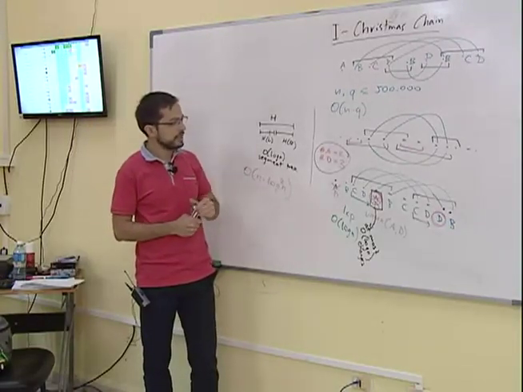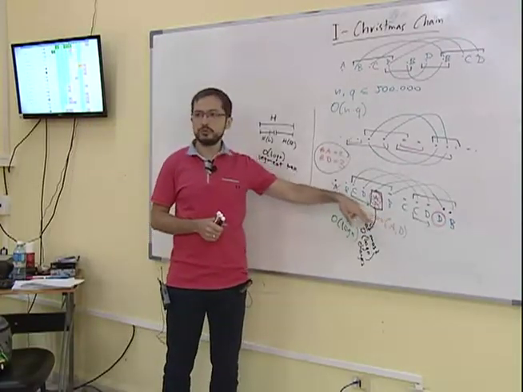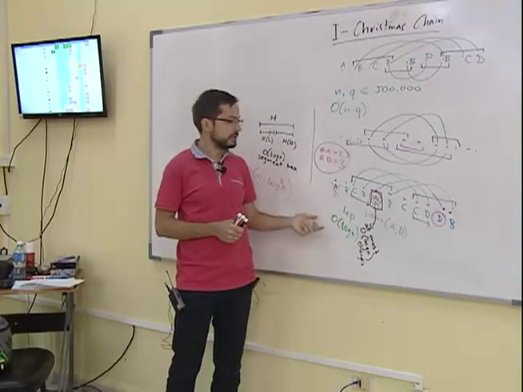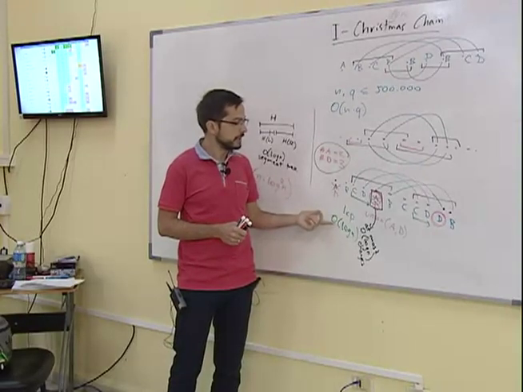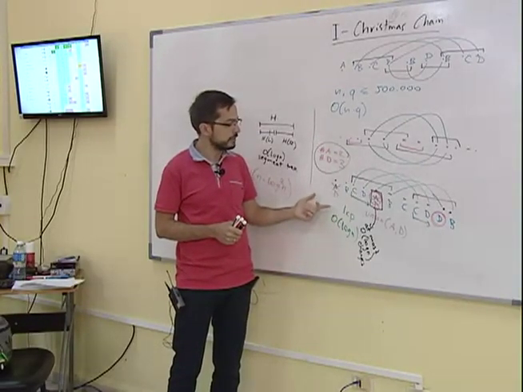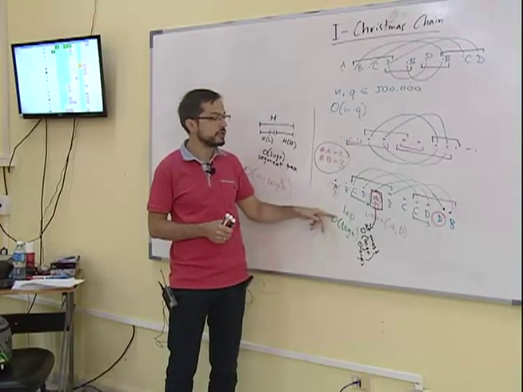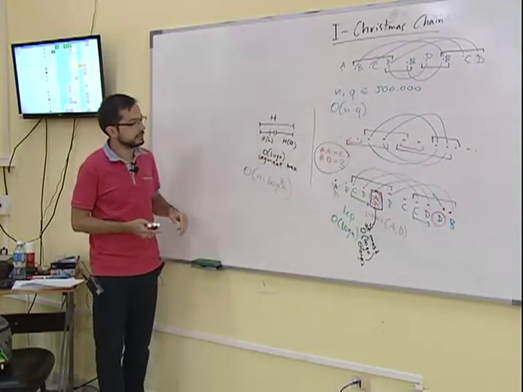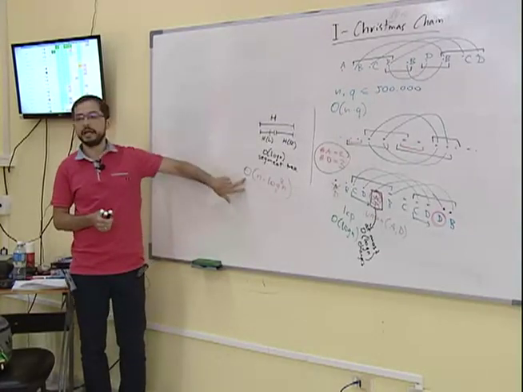All right, but we know that after LCP we need to do union, and union takes logarithmic time. So actually the time for LCP will be majorized by the time for making this union. So overall, the whole algorithm will work in n log square.